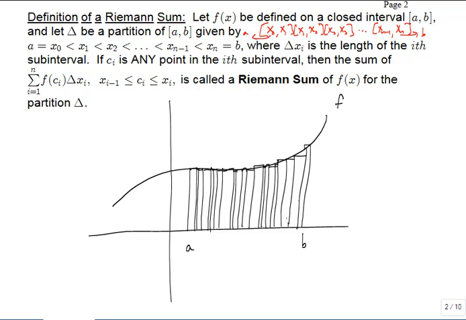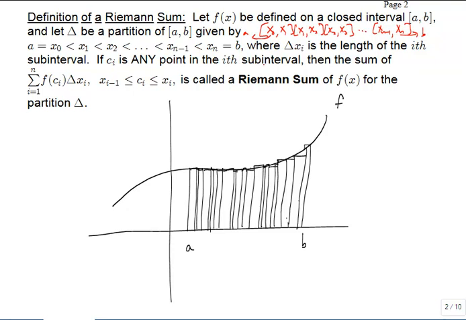So that's your partition. And we're going to assume that delta x sub i, the width of the ith subinterval, can be any width at all. We're going to pick our c sub i to be any point in the ith subinterval.